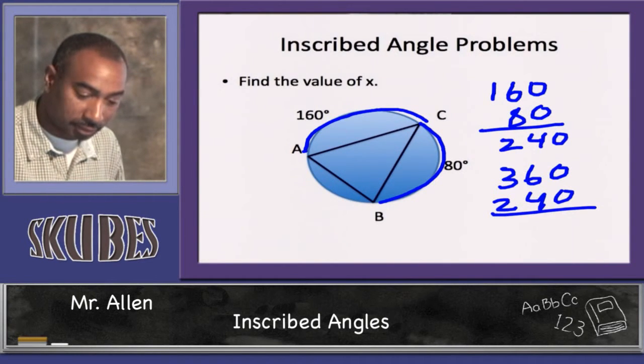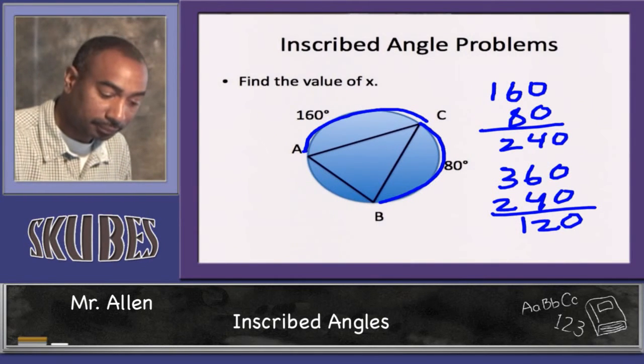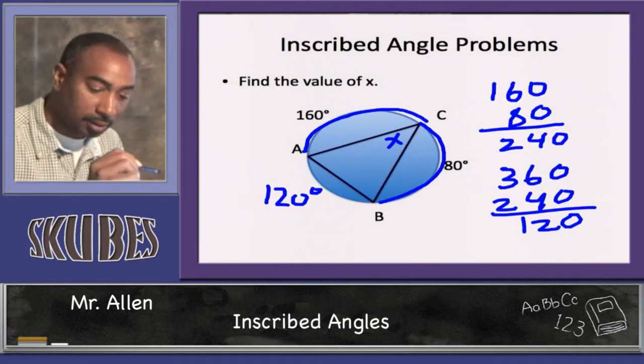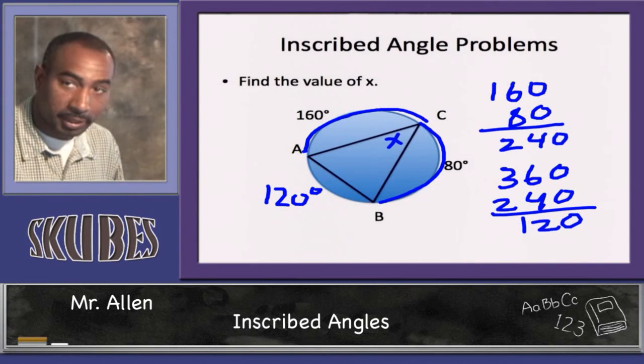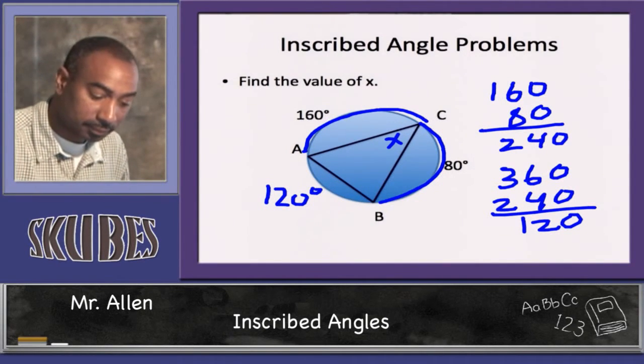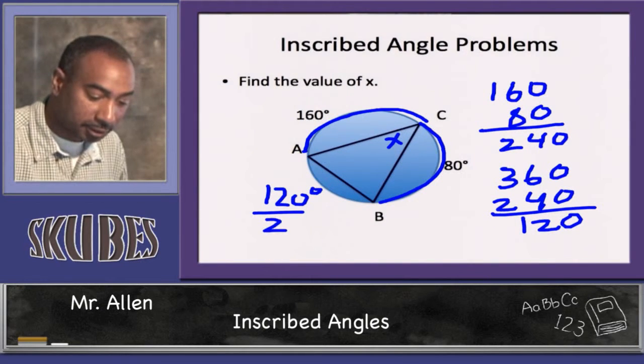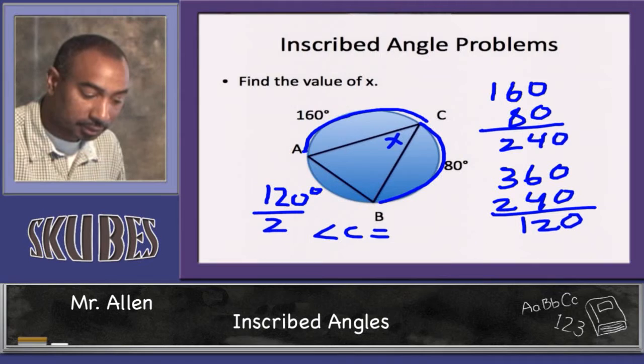You should get 120. If I want to know what the measure of angle C is, I have to divide 120 by 2. And that tells me that this has to equal 60 degrees.